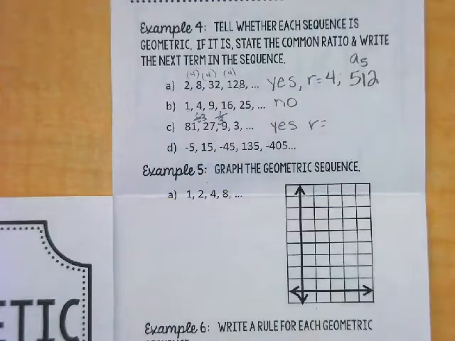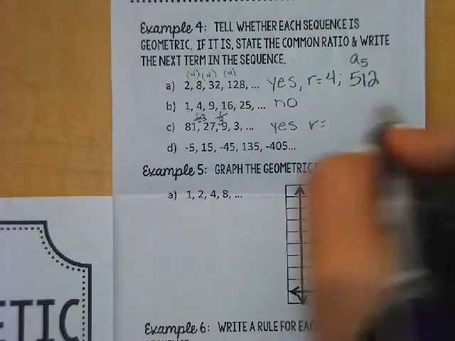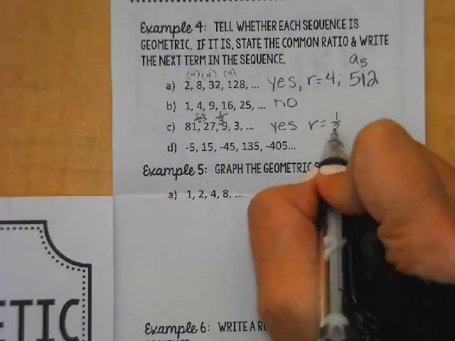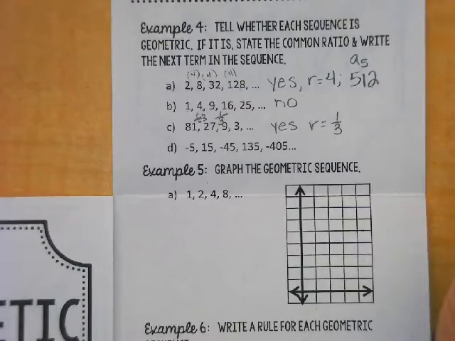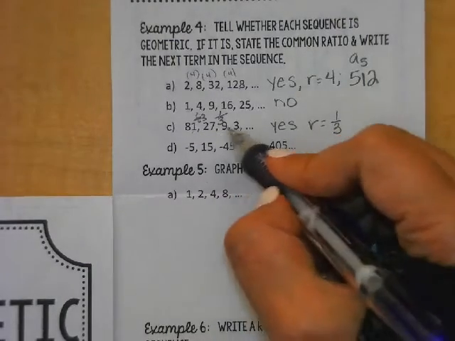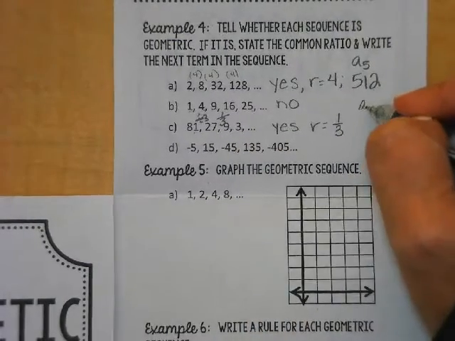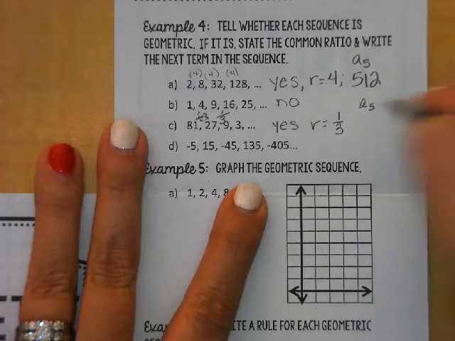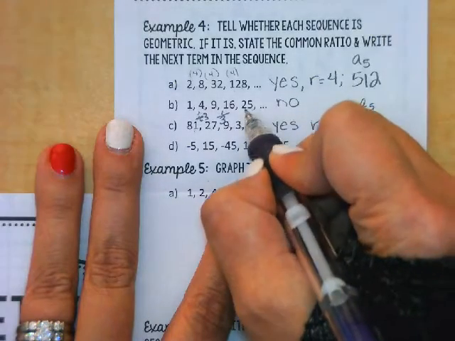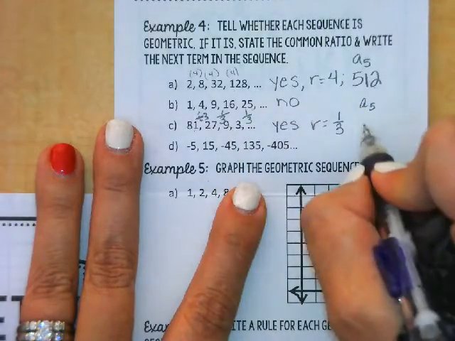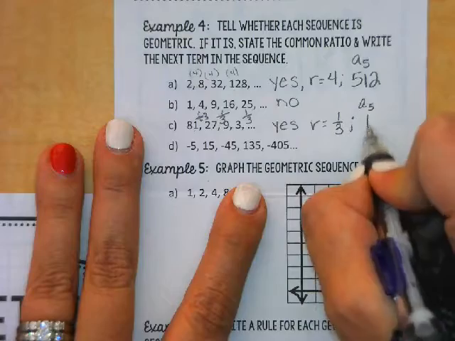Times, very nice, times 1/3. So that is going to be our R, times 1/3. So we're not going to have that divide. So 1, 2, 3, 4, what's my a sub 5 going to be here? If I have 1/3 times 3, I get 1. Very nice.